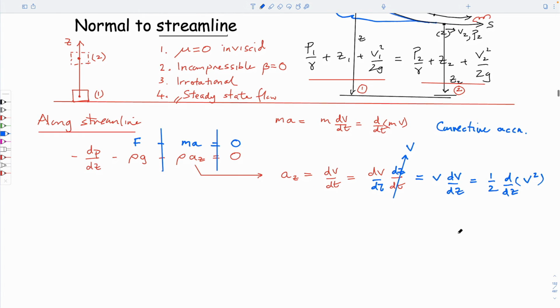And so what we can do is substitute that back in here. And of course then that becomes minus dp dz minus rho g minus rho a half rate of change with the z direction of v squared.